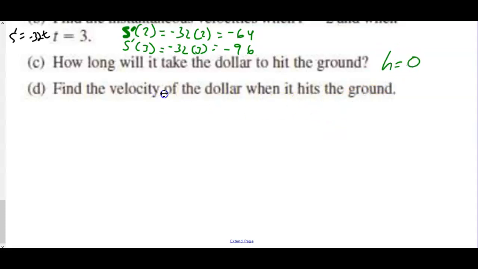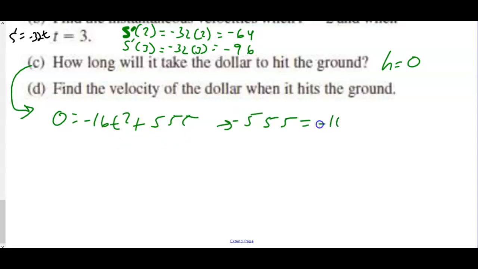All right. So I'm going to bring C right here. If I take 0 equals negative 16 t squared plus 555, and then I solve for t. So subtract 555, and then divide by negative 16 on both sides.